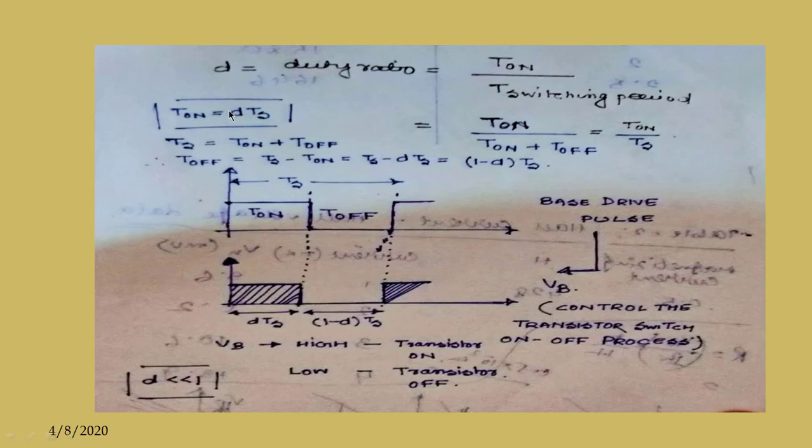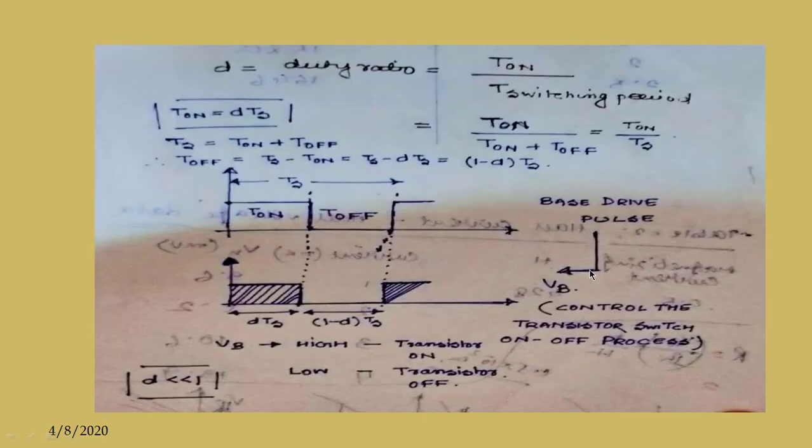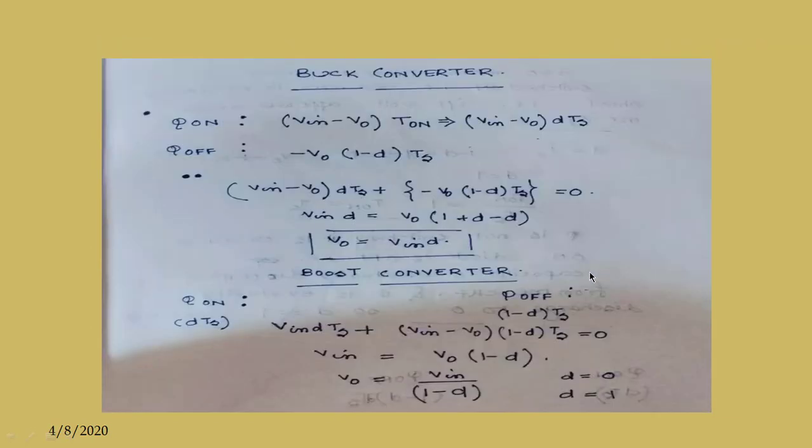That means the thyristor is never switched on when the duty cycle is 0. That is, the input voltage appears across the output, that is V in equals V naught.